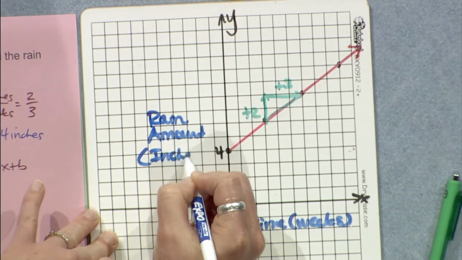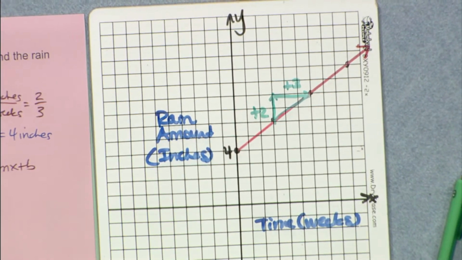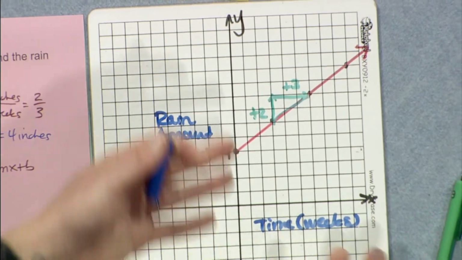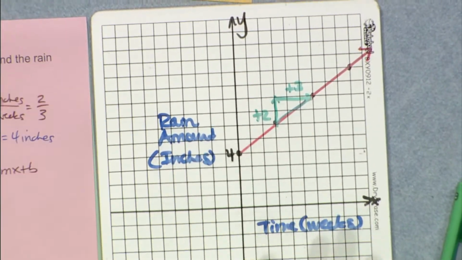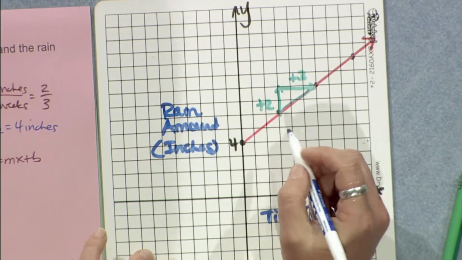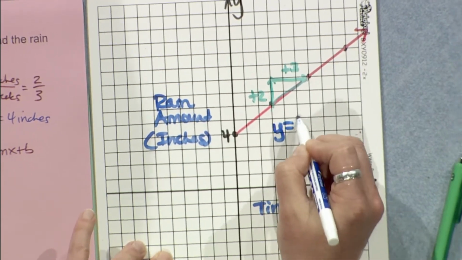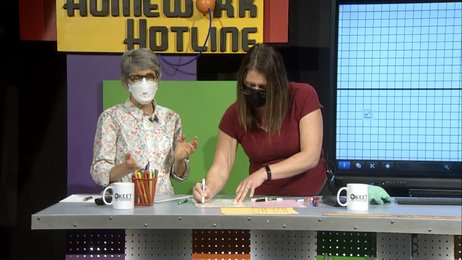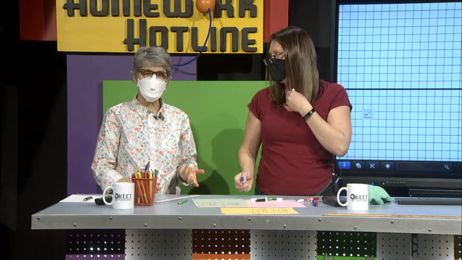A lot of what I mean when I say we're labeling graphs is that someone looks at this and needs to know, oh, it's weeks, it's rain. And then we would make a title or something like that. This is so important. This is a math class, but in science, this is used all the time in many different ways. In chemistry and biology, predator-prey, moles, the changes of reactants and products.